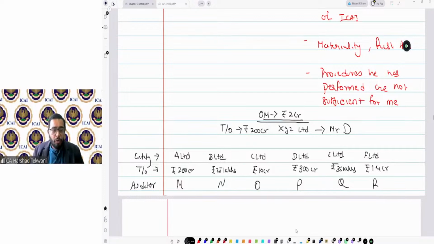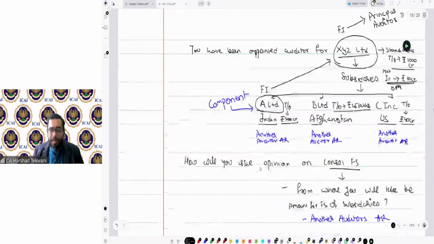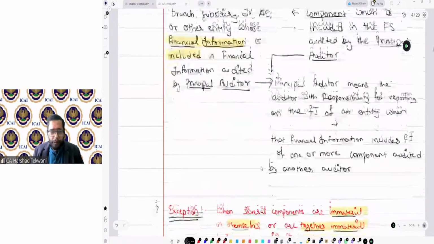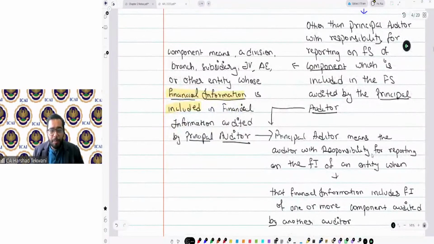Now, as per the definition, what we understood is that the principal auditor means the auditor with responsibility for reporting on the financial information of an entity when the financial information includes financial information of one or more components.